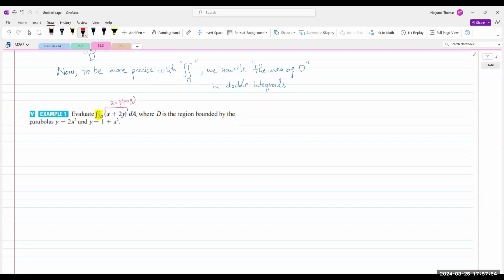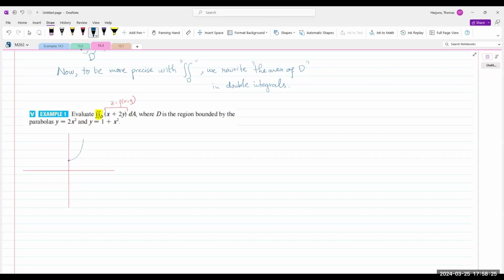Where D is the region bounded by the parabolas y equals x squared, y equals 2x squared, and y equals 1 plus x squared. Of course you are in Calc 3, so I do expect you to know what each of these curves looks like. 1 plus x squared is the regular parabola with vertex at (0, 1).